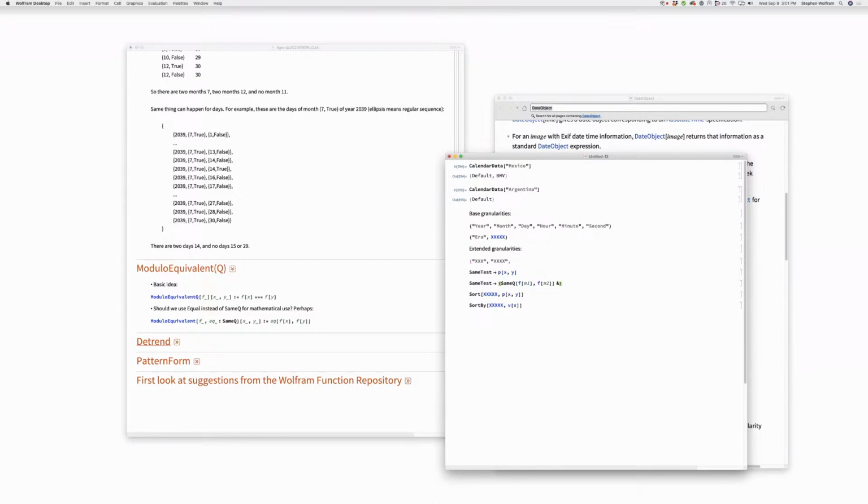And the alternative approach would be to have a SameTestBy option. What functions have a SameTest option? We can ask Wolfram Language later. Union, Complement, Intersection are some. There may be others, I'm not sure. But we don't have a UnionBy function.